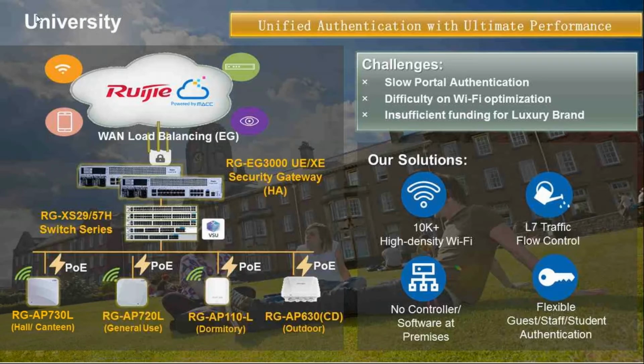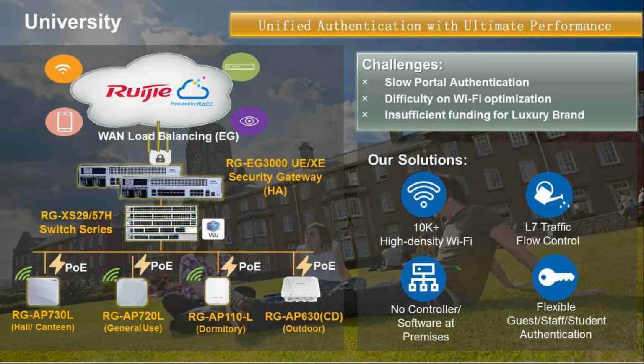Now we come to the university. The security challenge in the university is that the number of students is very huge, with too many concurrent users connecting over Wi-Fi. If they use a web portal for authentication, the portal is slow to pop up on their end device, like a laptop or mobile. It is very slow.